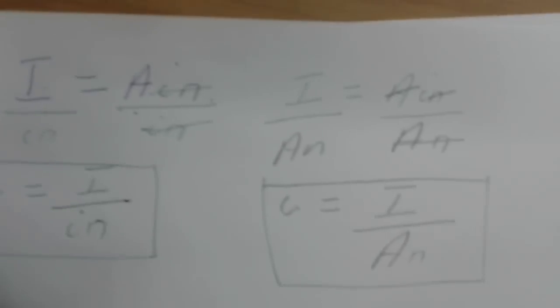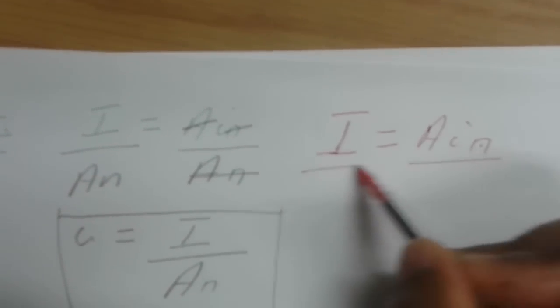And then the last one. Again, I equals Ain. And then we want to make n the subject of the formula, so we divide both sides by Ai.